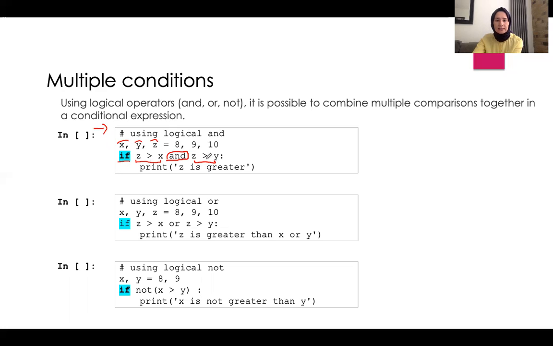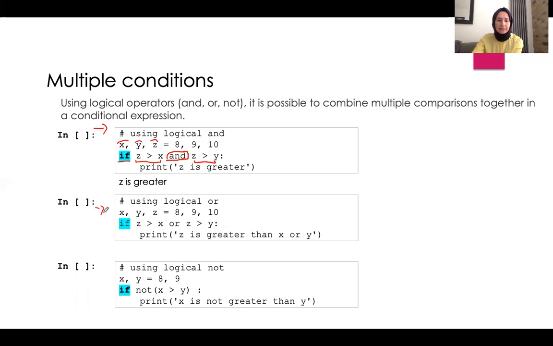If any of these conditions is false, then this will not be executed. So when you run this piece of code, this is the result you will get: Z is greater.